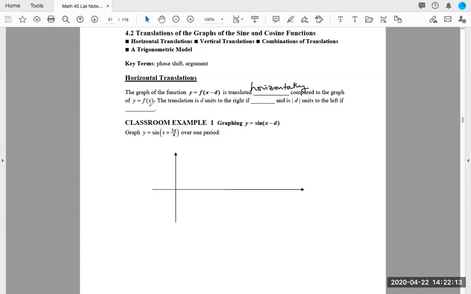The translation is d units to the right if d is greater than 0, and absolute value d units to the left if d is less than 0. So a quick example, if d is equal to pi over 2, that means I have shifted pi over 2 units to the right.